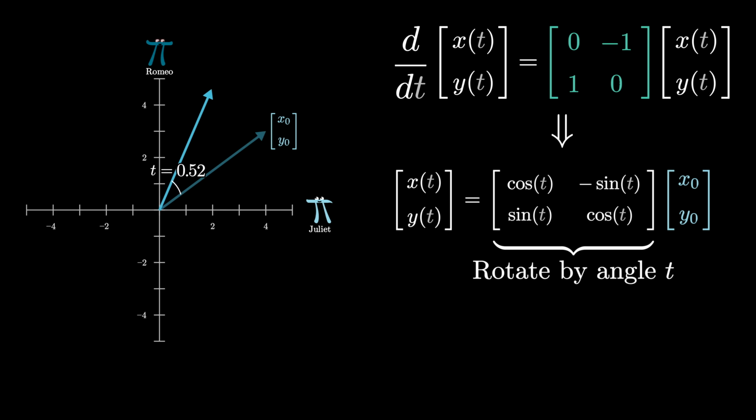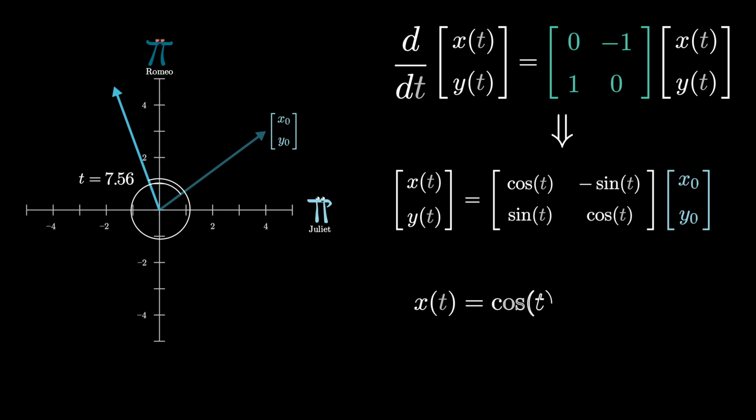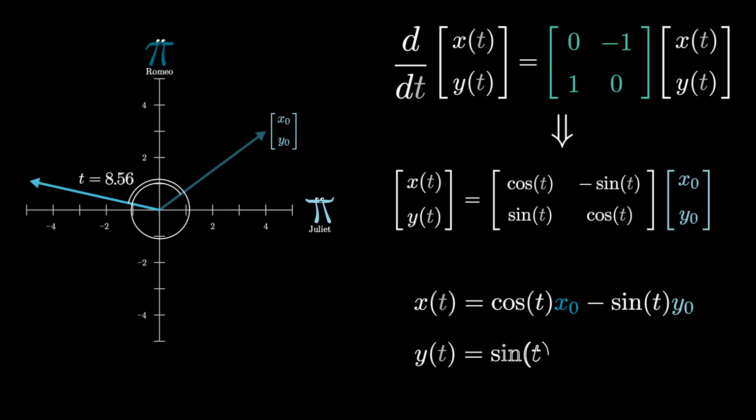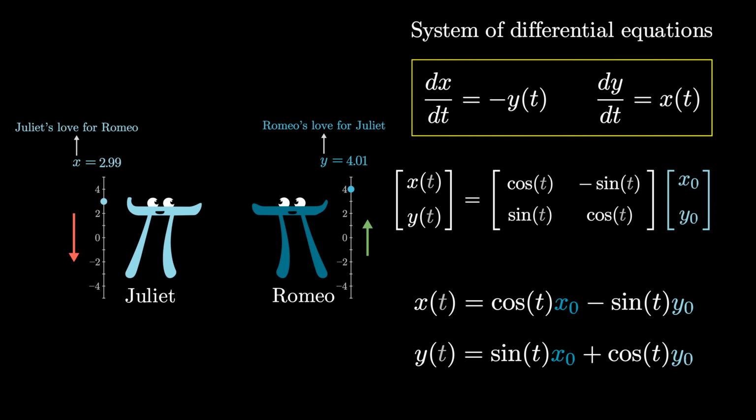So, to solve the system, if you want to predict where Romeo and Juliet end up after t units of time, you can multiply this matrix by their initial state. The active viewers among you might also enjoy taking a moment to pause and confirm that the explicit formulas you get out of this for x of t and y of t really do satisfy the system of differential equations that we started with.